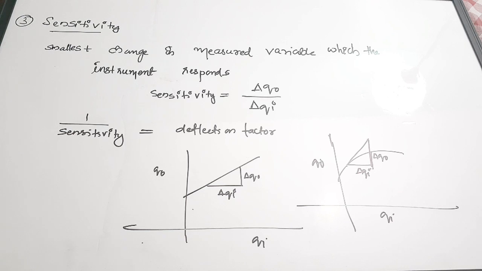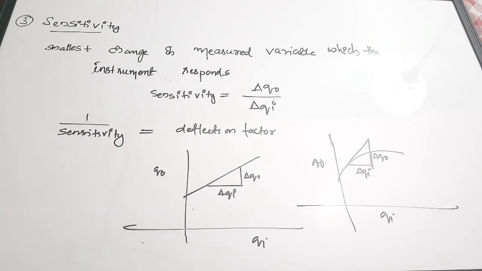Sensitivity is the smallest change in the measured variable which the instrument can respond to. Consider that there is a very slight change in the quantity which we are measuring. Whether your instrument responds to it or not. If it is responding, then we say that it has high sensitivity. If it doesn't respond so quickly, we say it is not really sensitive. So that is the definition for sensitivity.